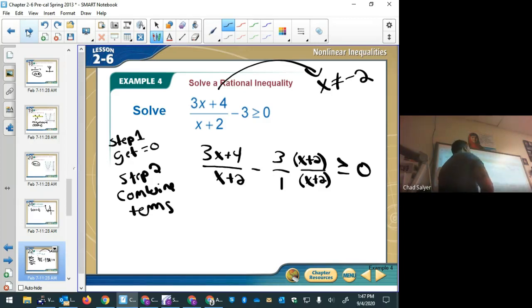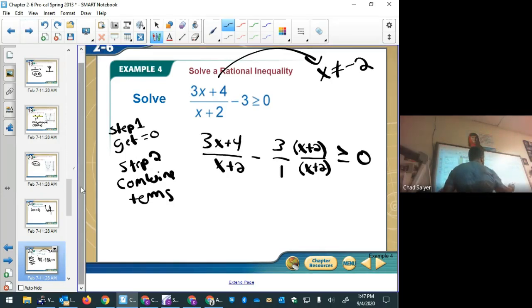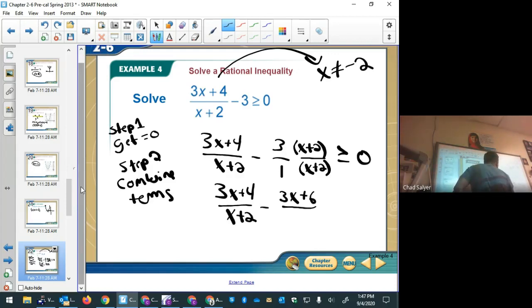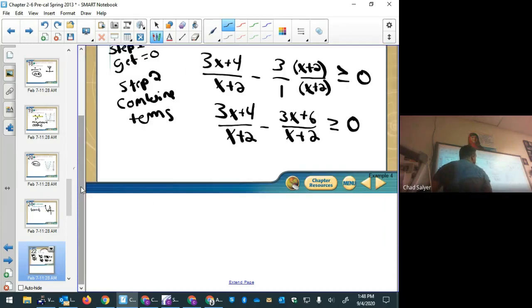That gives me a new value that'll have the same value of 3, but it'll have a common denominator so I can combine those like terms. So 3x plus 4 over x plus 2 minus 3x plus 6 over x plus 2. Now we have a common denominator.